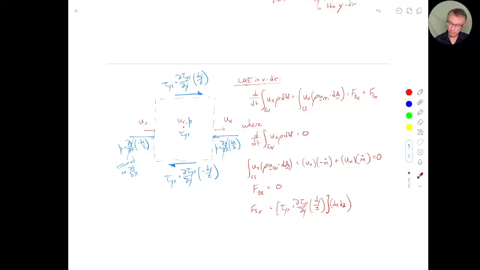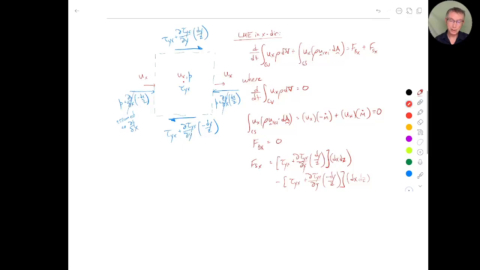And then we have the same sort of thing on the bottom, except now here the shear stress is acting toward the left. So I'm going to have a minus tau yx plus d tau yx dy times a minus dy over 2. It's acting on the same area, dx times dz. And that's all we have for the surface force terms.